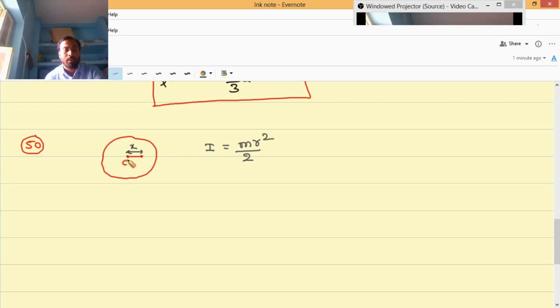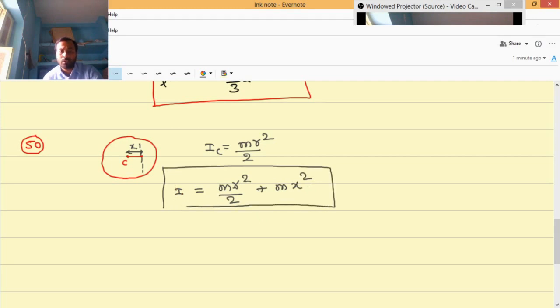But for this problem we do not require the moment of inertia about the central point, rather we require the moment of inertia about our fixed point. That moment of inertia will be mr square by 2 plus m times x, the distance, squared. So we got the moment of inertia about our fixed point.